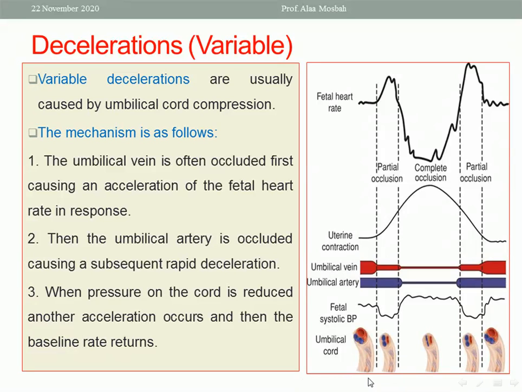Variable decelerations are usually caused by umbilical cord compression. So, what is the mechanism for variable deceleration? Look at this picture: the umbilical vein is occluded first, and the obliteration of the umbilical vein causes acceleration of the fetal heart rate as a response to this occlusion.